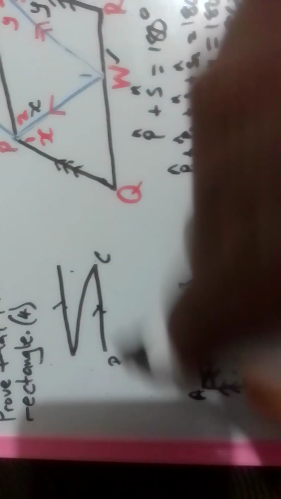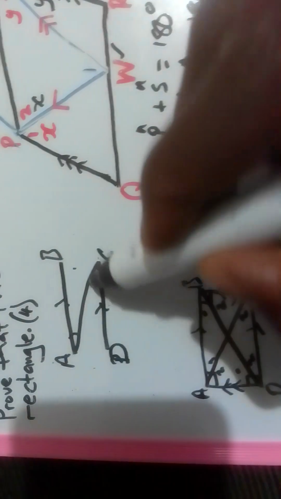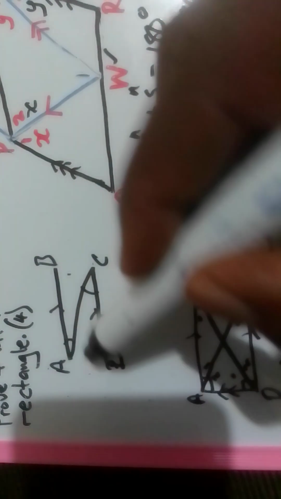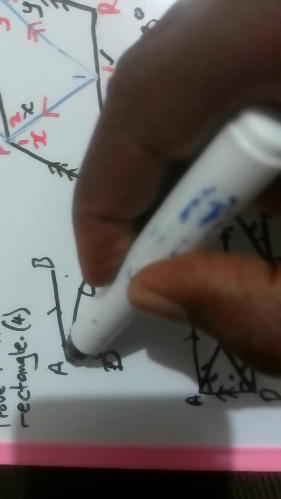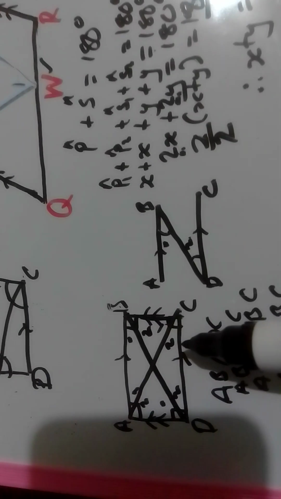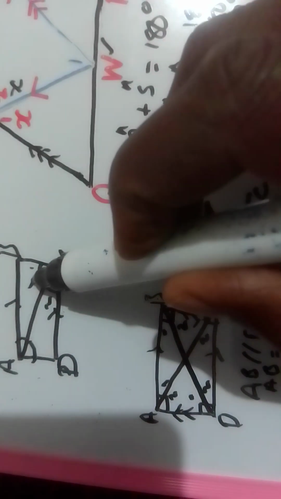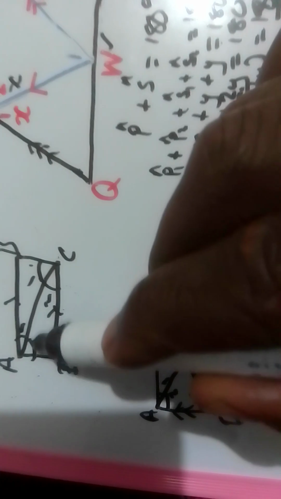So we've got D, C, B, A. We're now saying that here and there, these are alternate angles. And also this here, if we were to join here and we join there, then it would mean that here also is equal to there. So according to how I labeled this part, I had labeled this one C2, which means here I've got C2, and this is C1, this is A1, and this is A2.